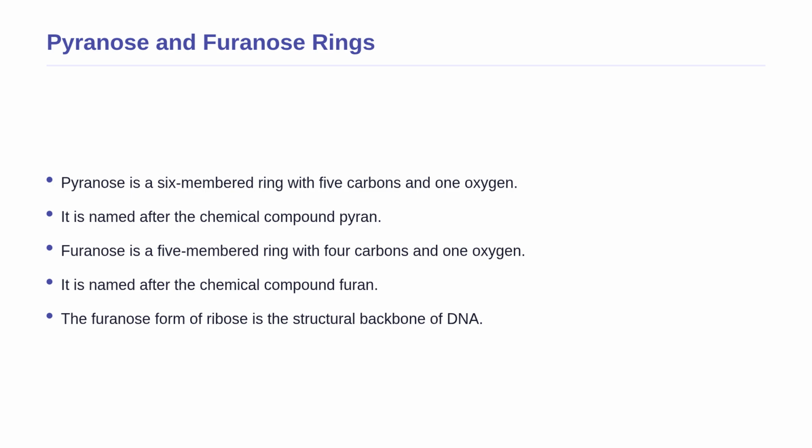On the other hand, a furanose is a 5-membered ring containing 4 carbon atoms and 1 oxygen atom, named after furan. These are the true functional forms of sugars in nature. For example, the furanose form of ribose is the structural backbone of DNA and RNA, meaning our very genetic code relies on the stability of this 5-membered ring.